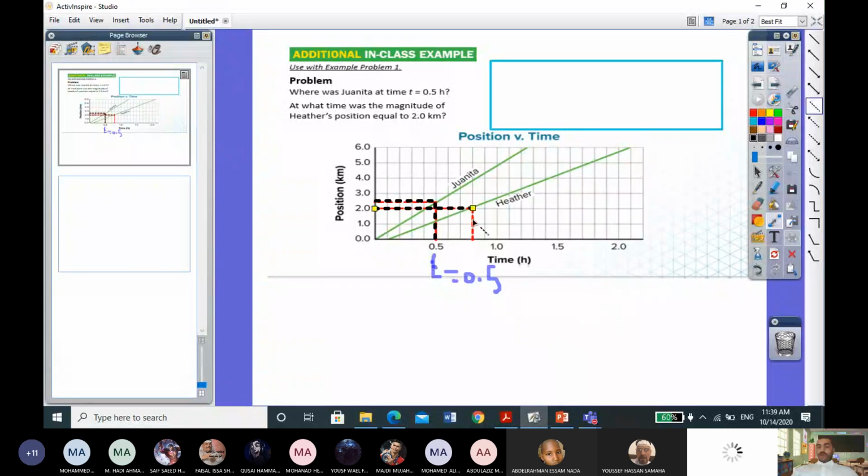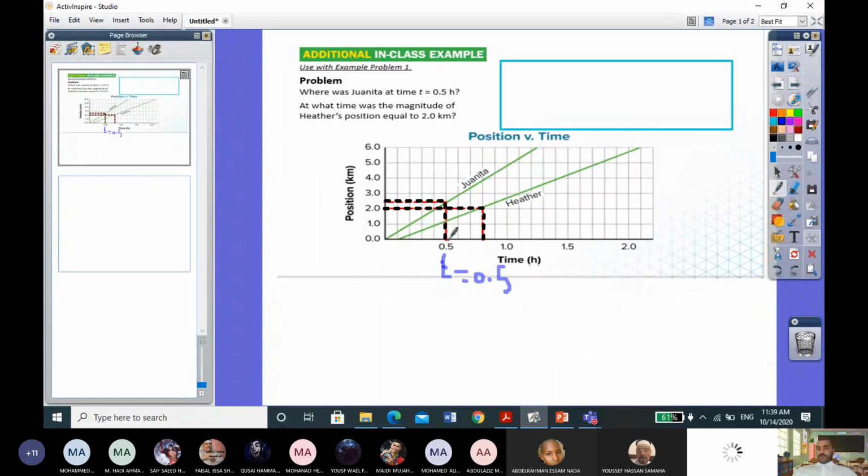I get the intersection between this line and Halter's position here. To find the time between this interval and this interval, I count starting from 0.5, 0.6, 0.7, 0.8, 0.9 and 1. Who can tell me? This is 0.6, this is 0.7, this is 0.8. Excellent, guys. So it's 0.8.